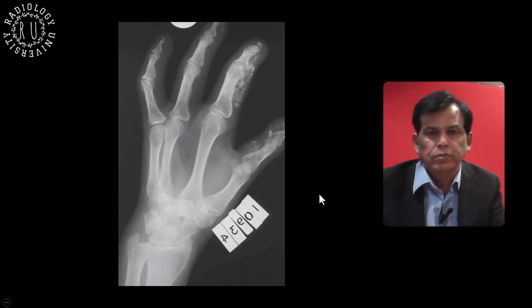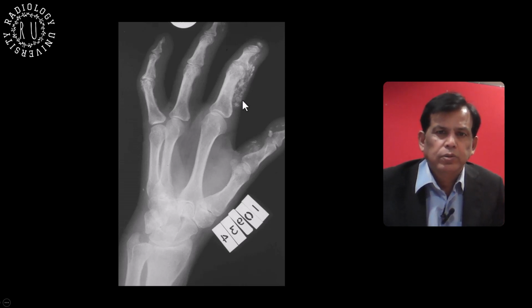Otherwise, the bones appear normal. You can use the mouse to show me. Yes, there are calcifications along the IP joints in the distal second finger, and there are components of acroosteolysis and some calcifications in the fourth digit too.